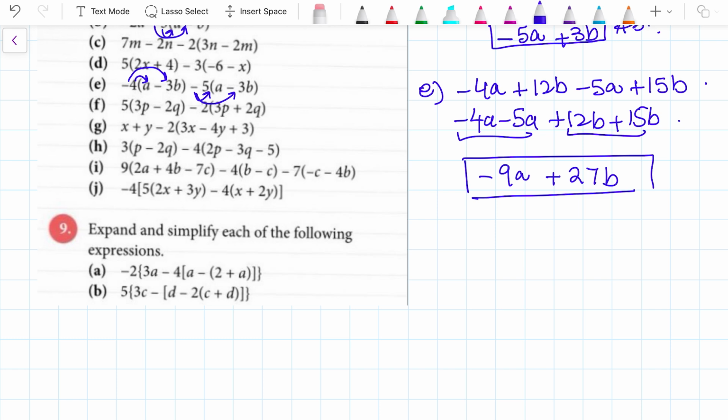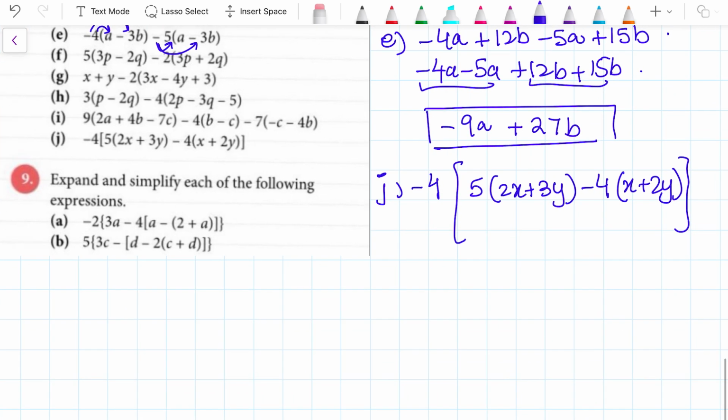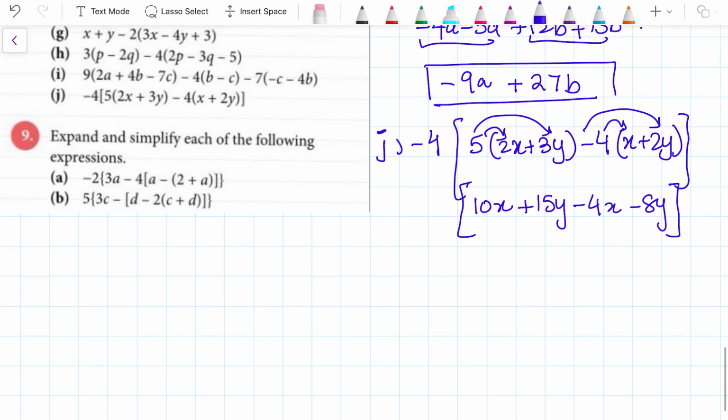Let's do part j. Minus 4, there's a big square bracket. The rule is that you solve the inside brackets first and then move to the outside brackets. 5 times 2, 10x, 15y, minus 4x, minus 8y. Simplify inside before opening the outside bracket.